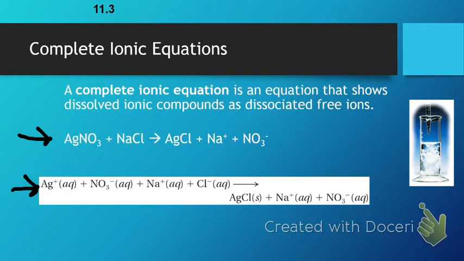It shows all the parts of the compounds written as their ions, and then as a product we have a solid. The silver chloride precipitates out, where sodium and nitrate are listed as AQ and are still floating around in the water in their ionic form unchanged.